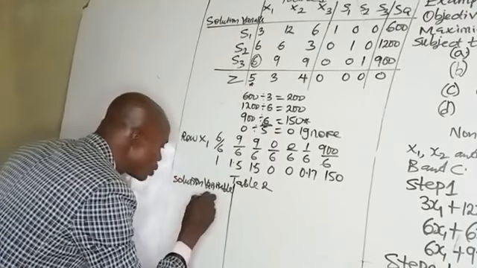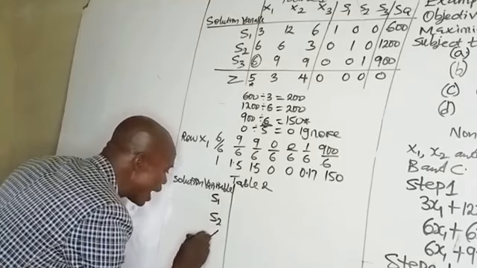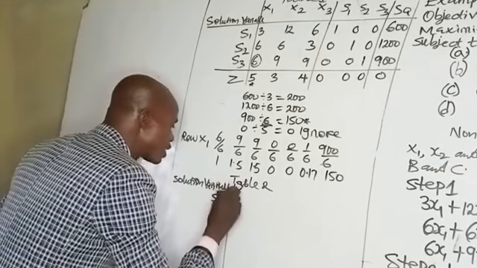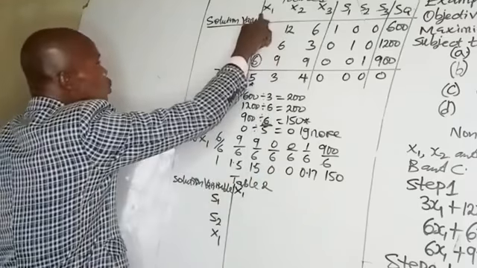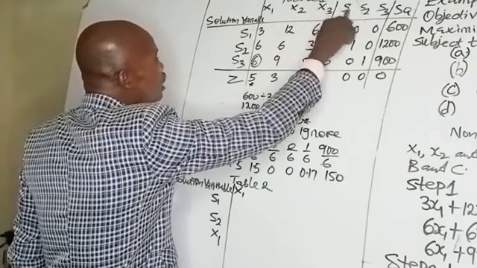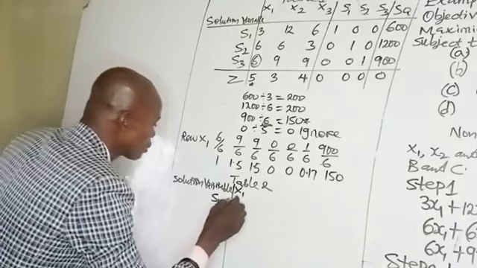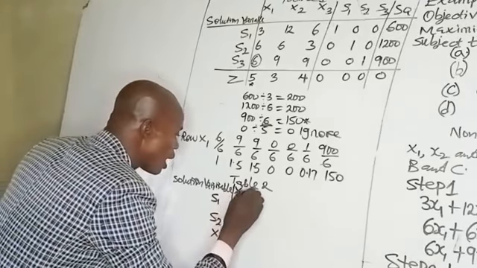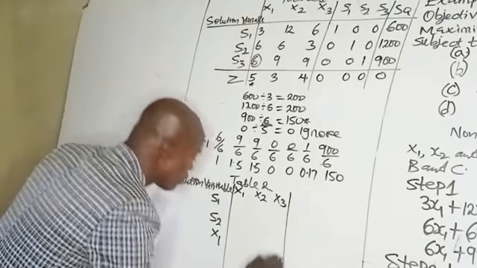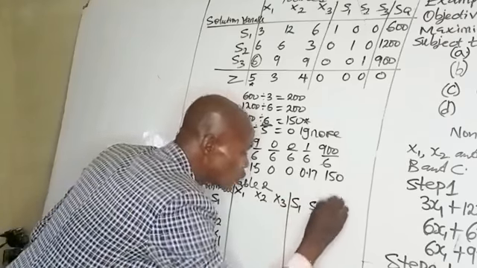So we have solution variable S1, S2, and x1. Then x1, x2, x3, then s1, s2, s3, and solution quantity.